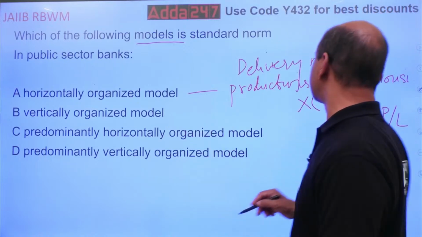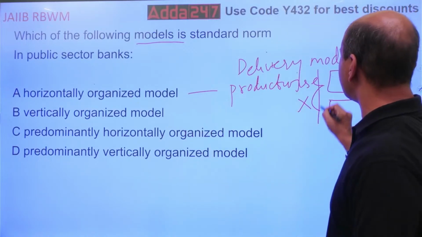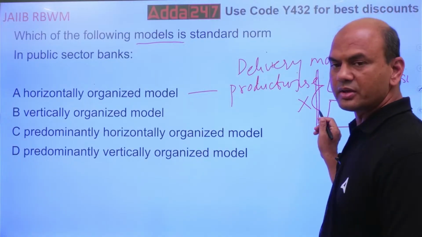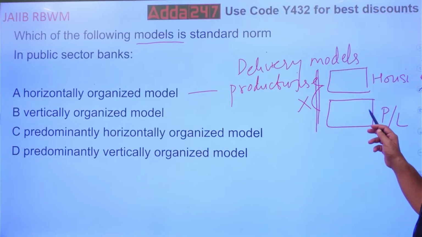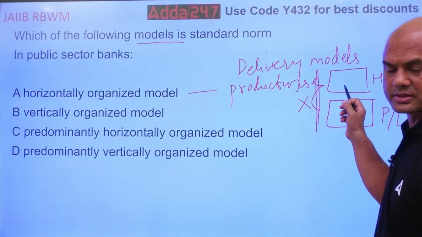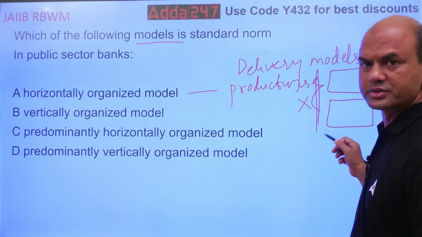Vertically organized means there is a common database among all the loans. Housing loan customer will have access to personal loan also, and personal loan will have access to housing loan also.